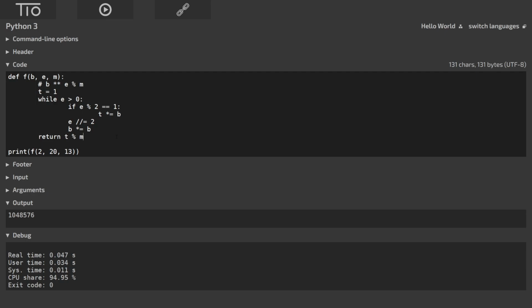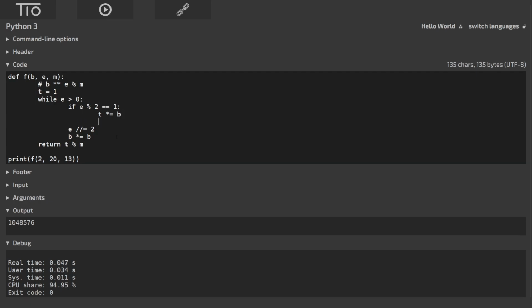But the whole point in doing this was that we don't want to have a large number in between. So we can actually stick a t mod equals m right here. And this means that our number will never blow up. More crucially, it means that we can take the exponent of a very large number in comparatively quick time.